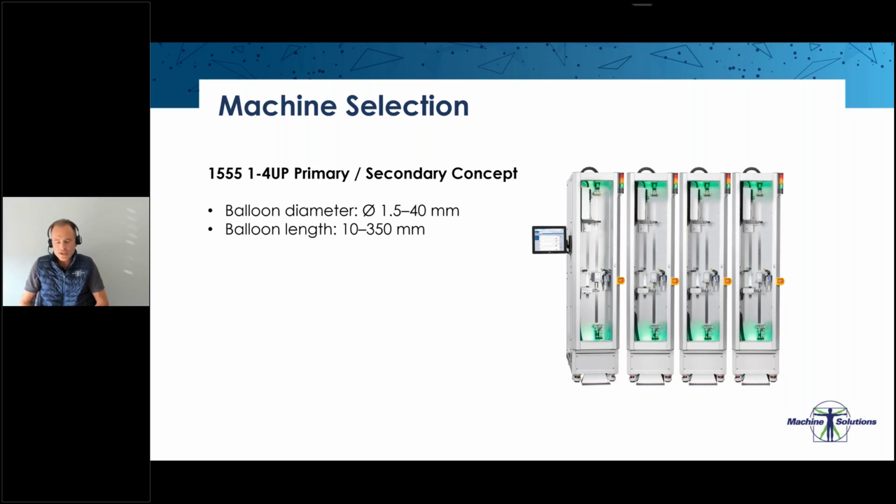The vertical concept convinces in that we save floor space, we can start with a primary machine, and we can gradually add secondary machines. Up to 3 secondary machines can be added to one primary machine, and one operator can operate 4 machines at the same time.